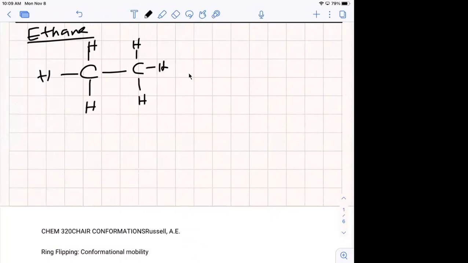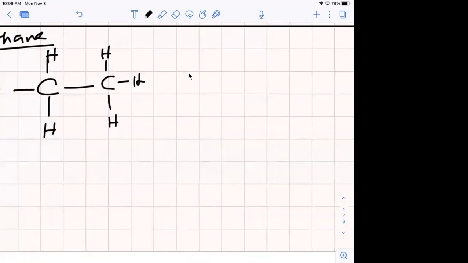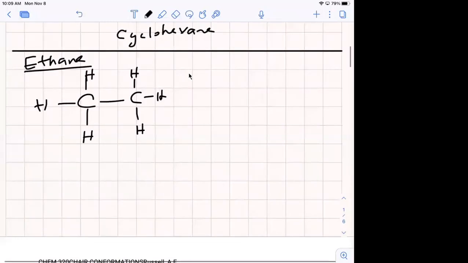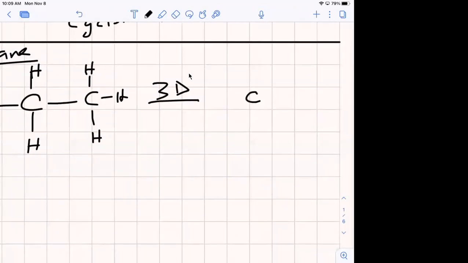Right, ethane is here, and we think about this in terms of its 3D structure or 3D orientation. Each one of those carbons is a tetrahedron.